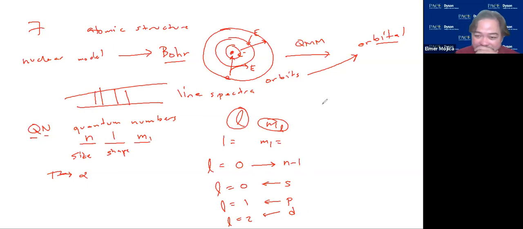If you're going to look at the shape, spherical is usually like that, the S. And then the P would be like this. And then the D would be like that one. Although one of the D has a D like this one, but with a ring in between them. Remember that, huh? And m sub l would be what?